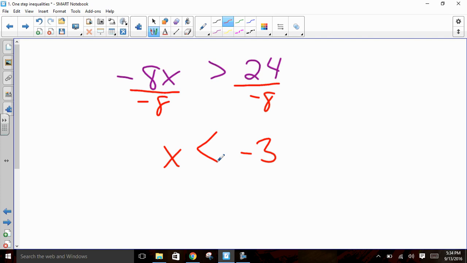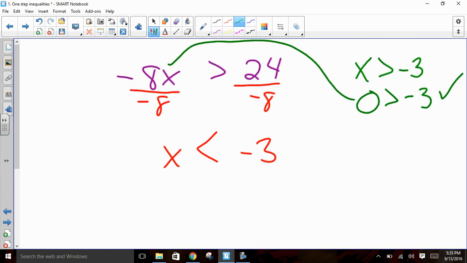Now, I'm going to show you why. Pretend you left it the same as x is greater than negative 3. Let's pick a value that is bigger than negative 3 and try plugging it into my original inequality. Would you agree with me that 0 is larger than negative 3? Okay. If I plugged in 0 for x, I would have negative 8 times 0 is greater than 24.